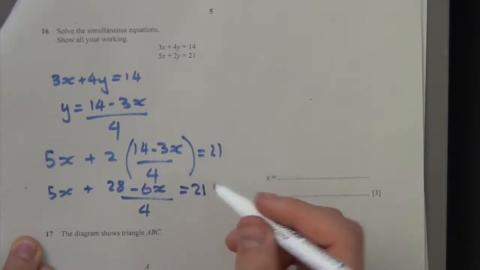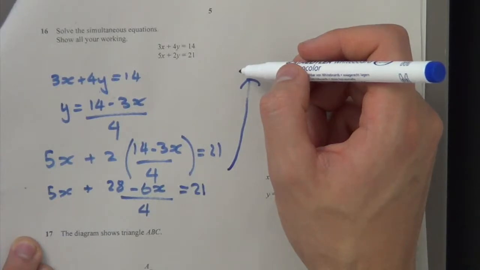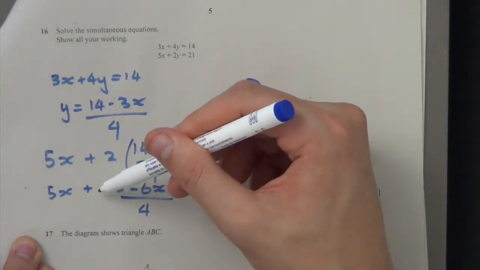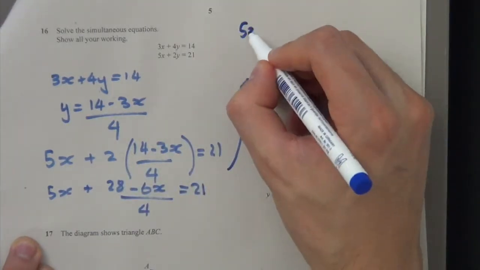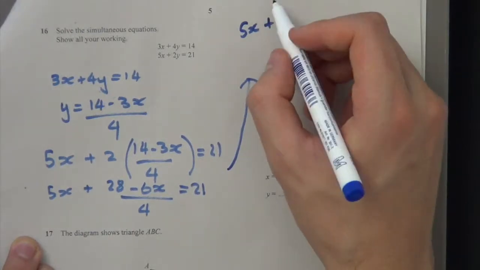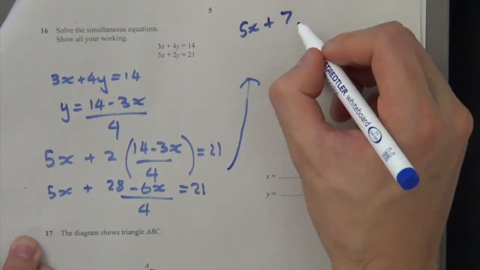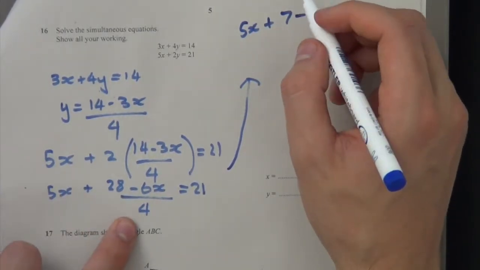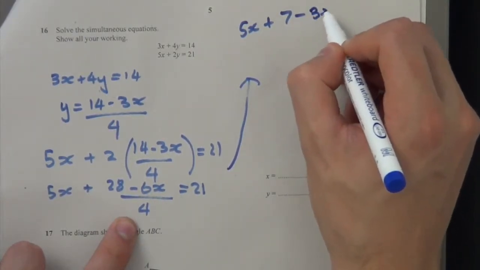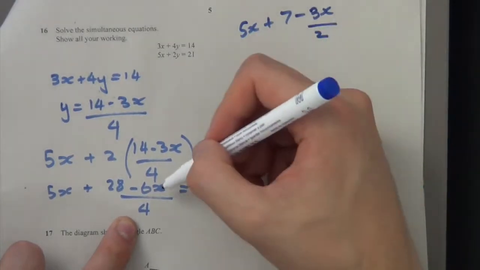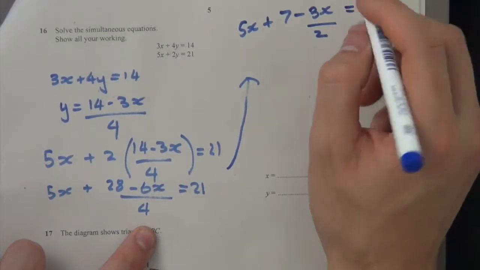Then I'm going to rewrite it as this. 5x plus 28 over 4 becomes 7, minus 6x over 4, which simplifies to minus 3x over 2, equals 21.